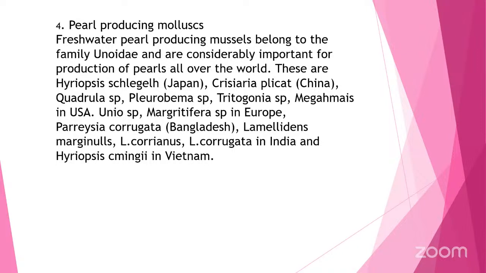Quadrula species, Pleurobema species, Tritogonia species, Megalonaias in USA. Unio species, Margaritifera species in Europe, Parreysia corrugata in Bangladesh, Lamellidens marginalis, Lamellidens corrugata in India, and Hyriopsis cumingii in Vietnam.